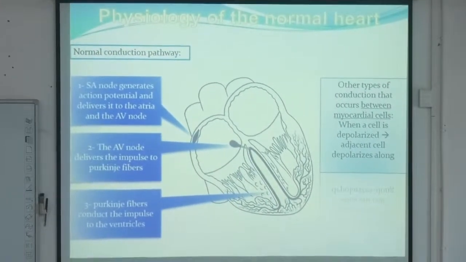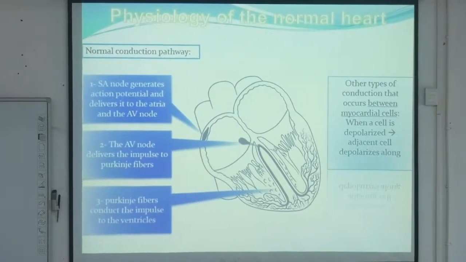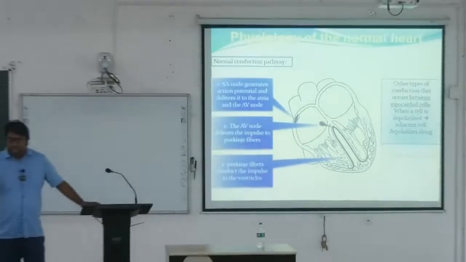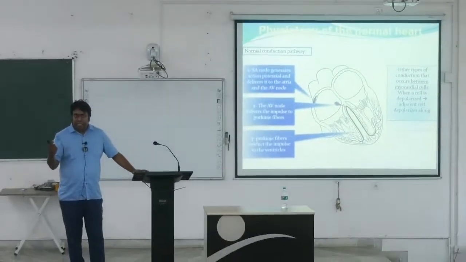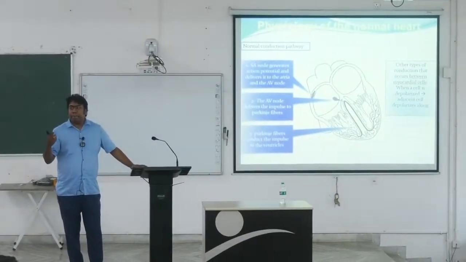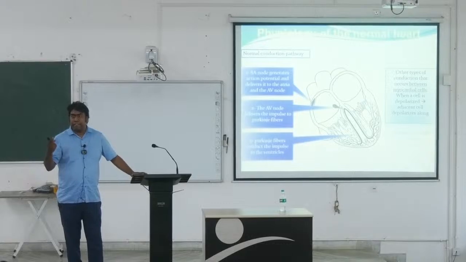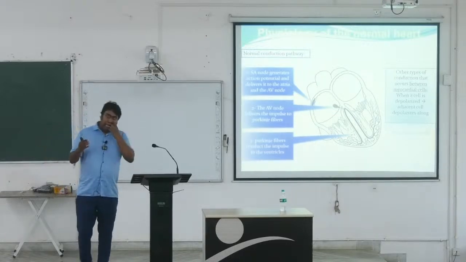Now, when the impulse generated goes into the ventricle and the ventricle is stimulated, then there is some mechanical stimulation that produces the contractility of the LV, left ventricle, that leads to cardiac output.